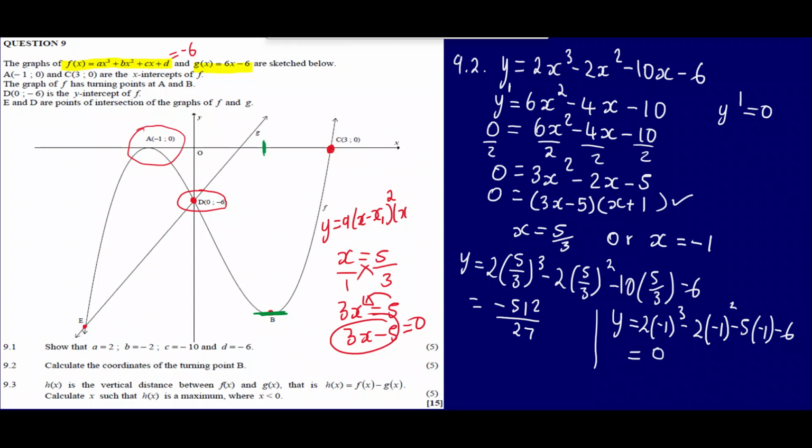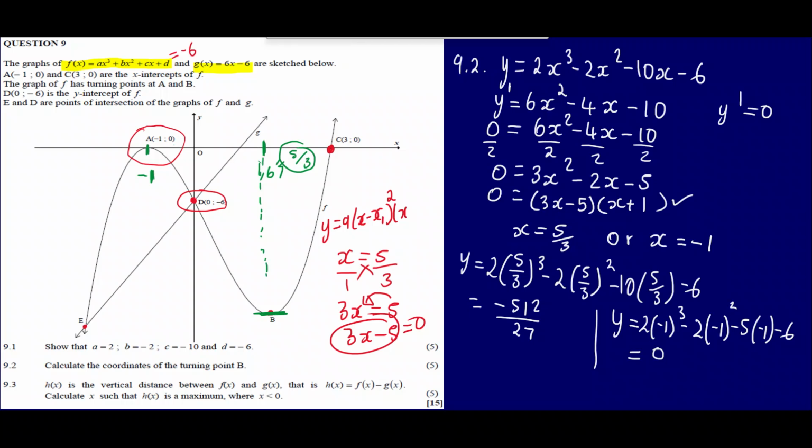So what this tells us is that we've got two turning points of this graph, right? And one of these turning points is at x equal to -1. And the other turning point here is 1.67, which is that 5 over 3. As a fraction it's 5 over 3, but if we write it in decimal form, it gives you this, right? I think you would have seen that your turning point coordinate is -1 and 0, which is this other coordinate here.